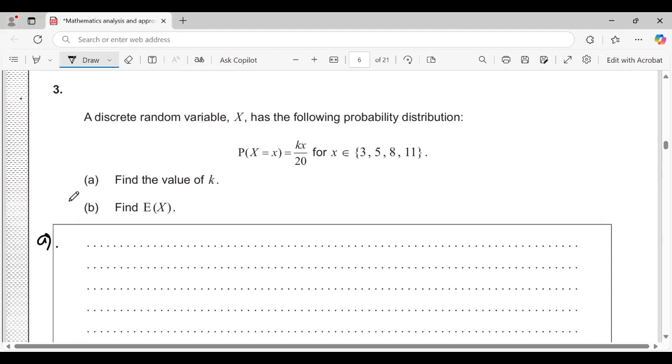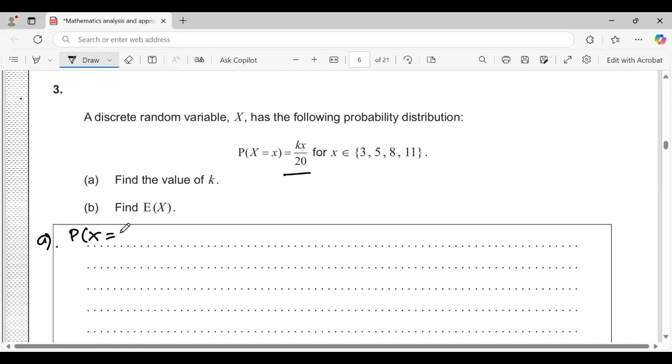A. The given probability distribution is kx over 20. So we need to sum the probabilities for all the possible values of x and set this sum equal to 1. So we need to write it like this.